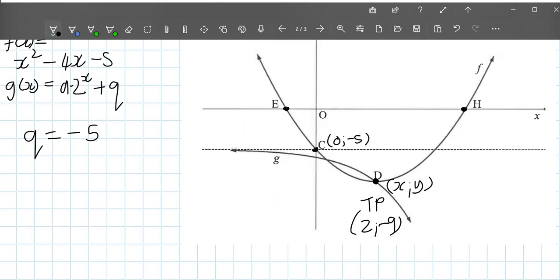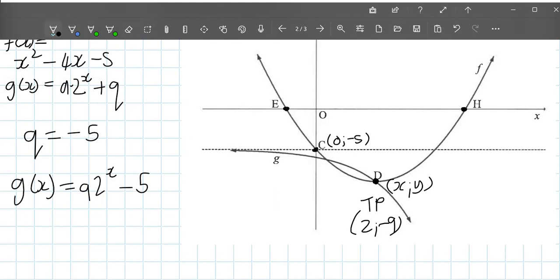So we already have that. Then we end up with still one unknown, which is the a. Let's put in the actual value for q. To get rid of one unknown, we just need one extra piece of information. For each unknown, you need one piece of information.